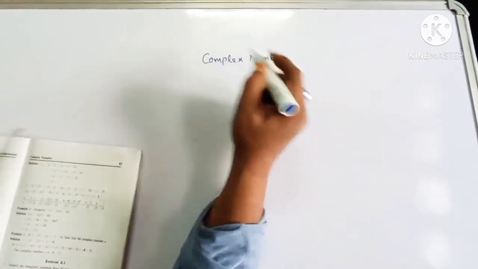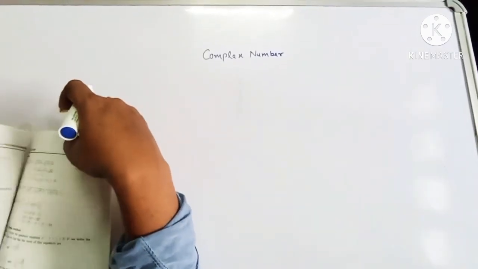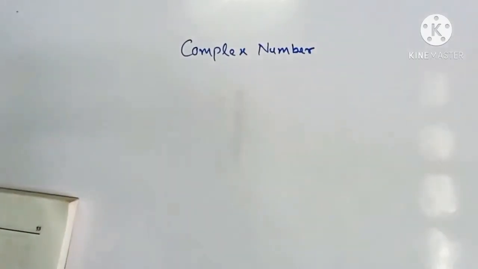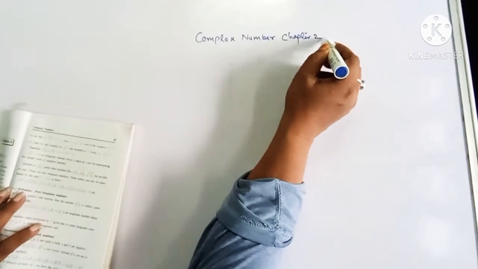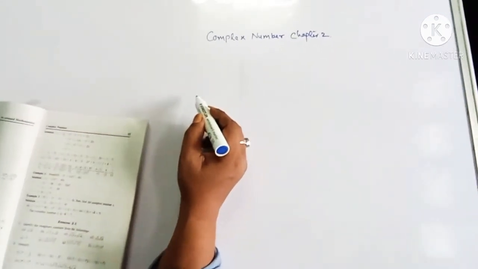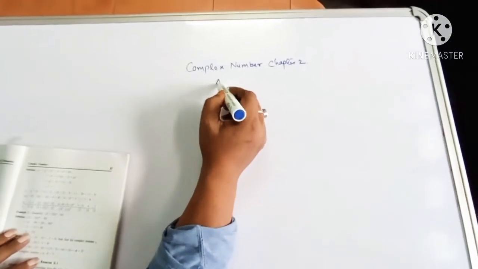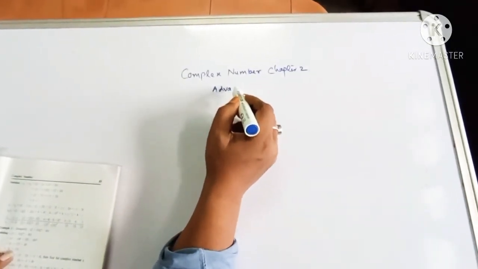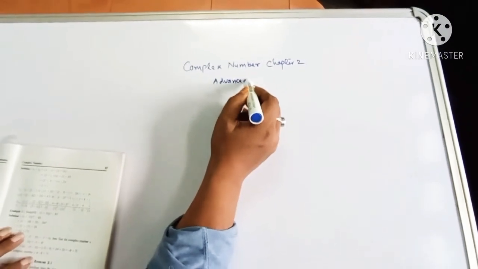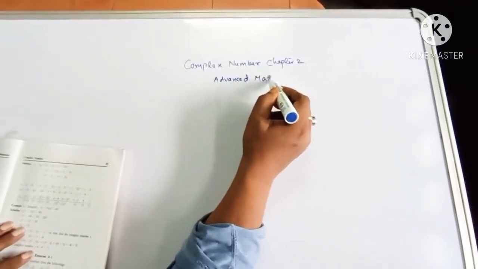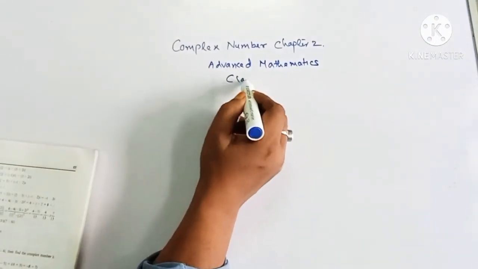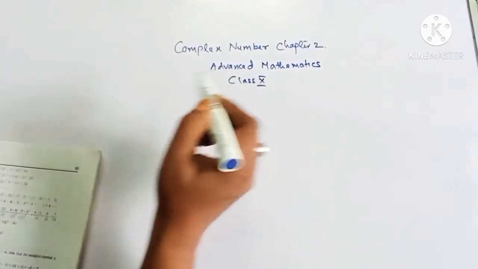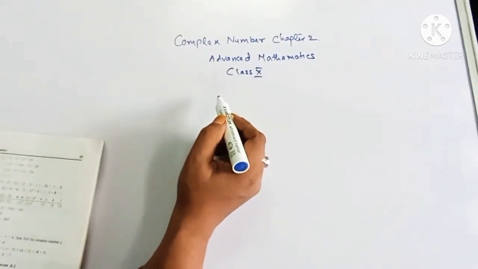This is Chapter 2, complex number. Now, students of class 10, this is advanced mathematics.